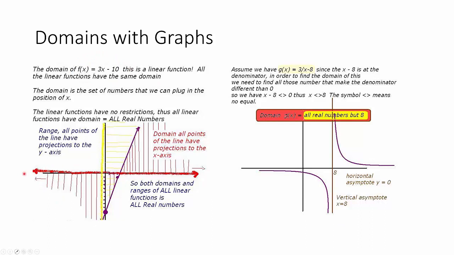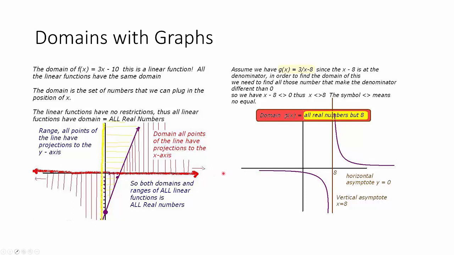So when we have a curve like the one that you see here, the linear function, a line, we should try and see as the line moves to positive infinity on the right and negative infinity on the left, that all the points on the line have x values that appear on the entire x-axis. So this simply means that it includes all the real numbers.